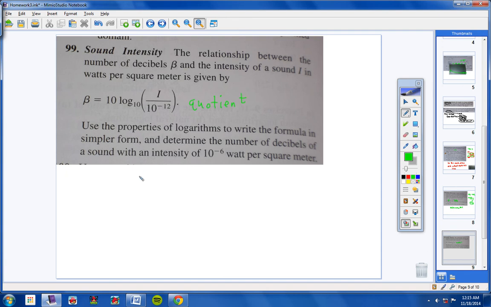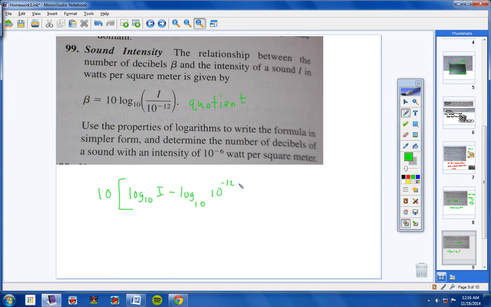So there's a 10 right here. Don't forget that 10. Then put brackets: 10, then a bracket, and then logarithm base 10 of the top, which is I, minus the logarithm base 10 of the bottom, 10 to the negative 12.